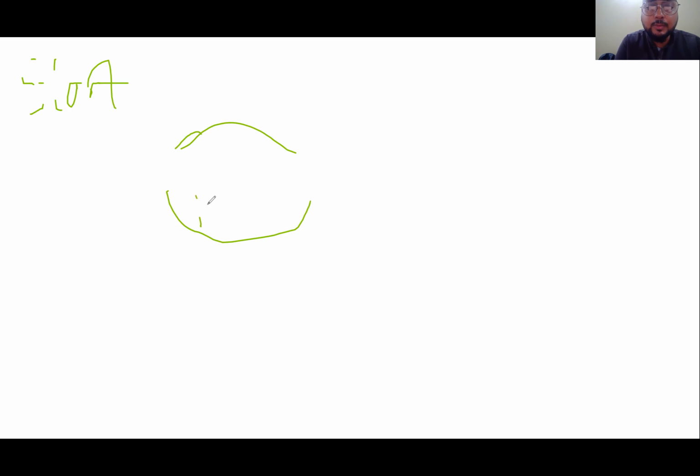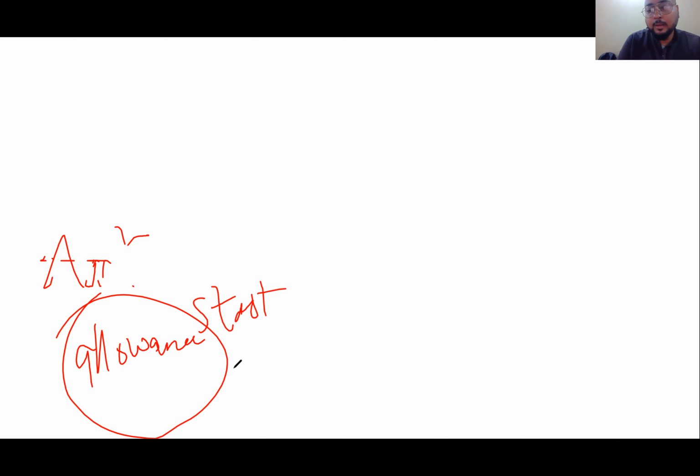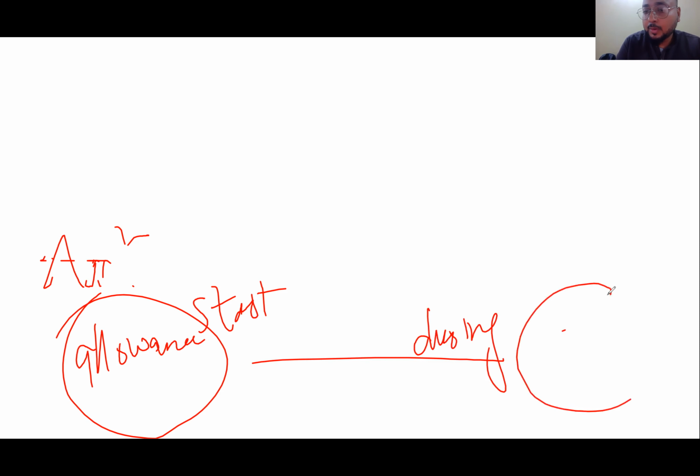You create an allowance. At the start of the year, this is allowance. Anything that happens during the year, if 2,700 is the bad debts, you charge it to allowance, right?